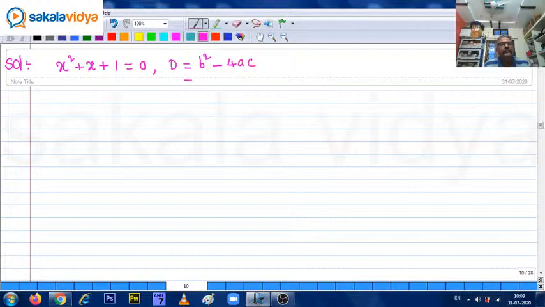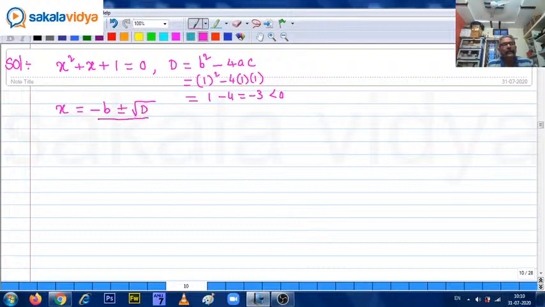So we get 1 square minus 4 into 1 into 1, that is 1 minus 4, which will be minus 3. Obviously imaginary roots. x is equal to minus b plus or minus root d upon 2a.